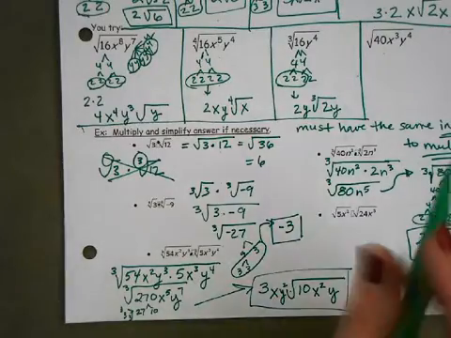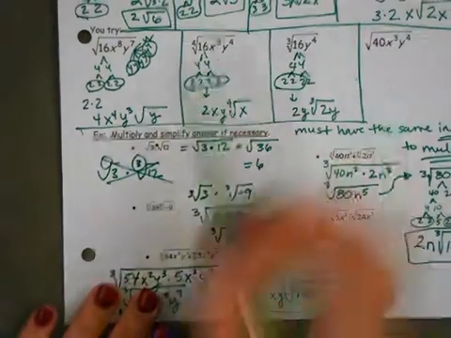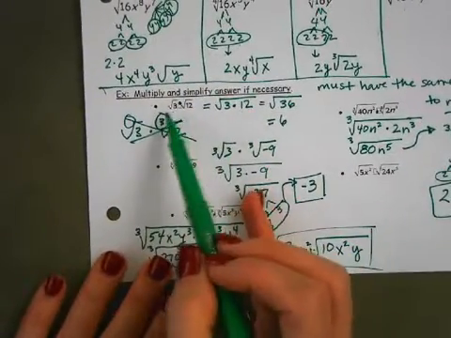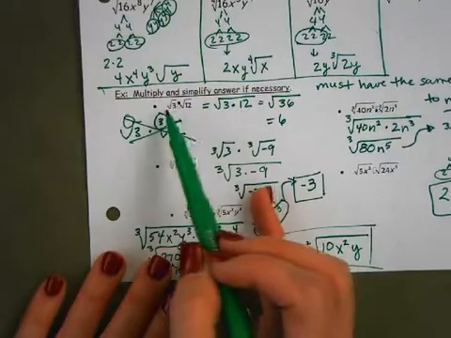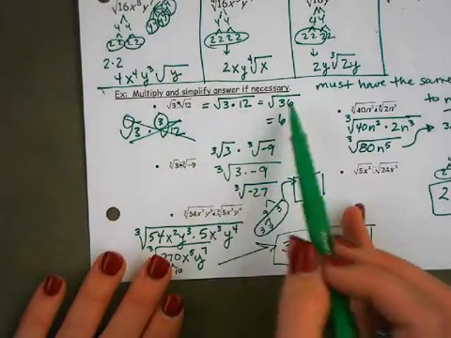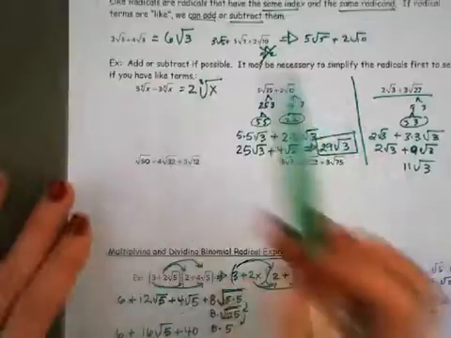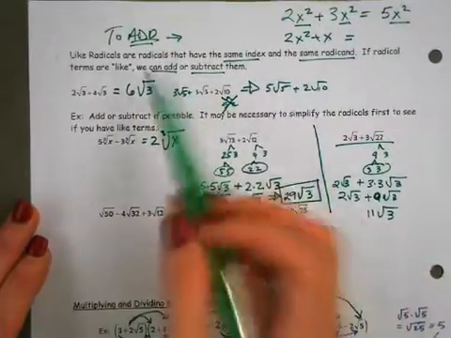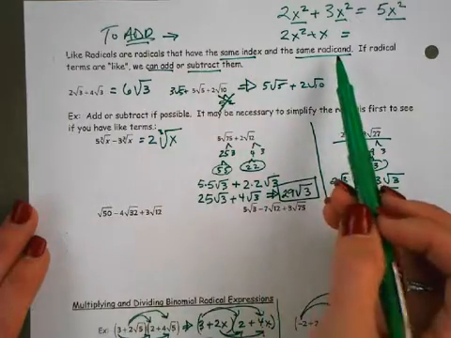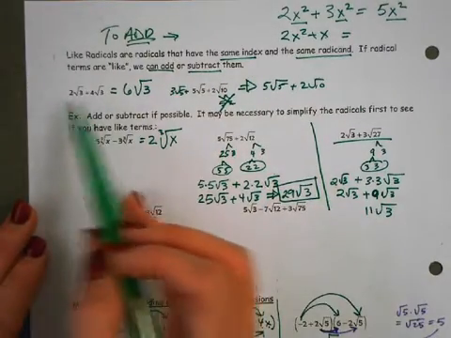Okay, we have learned, kind of refresh our memory on what we were doing on simplifying. But then we learned about multiplying and how as long as you have the same index, you can multiply what's inside, and then you can simplify. Okay. Then we had where if you add or subtract, you need the index and the radicand to be the same, and then you just add or subtract the coefficients.